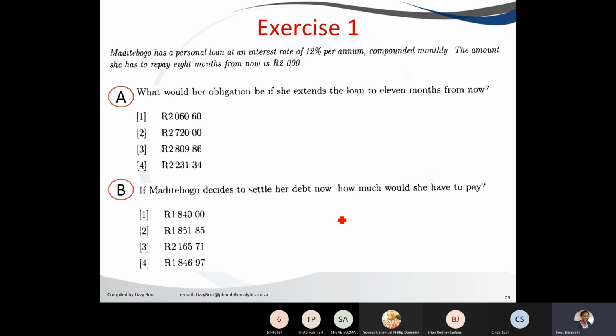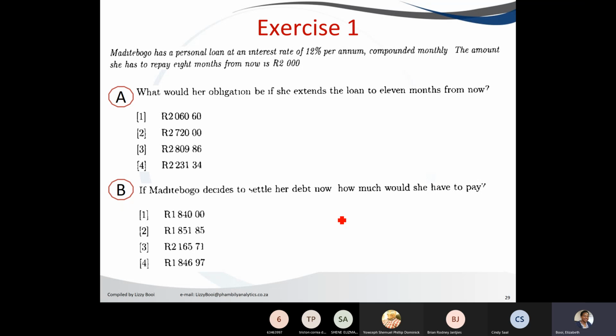Maditeboho has a personal loan with interest of 12% per annum compounded monthly. The amount she has to repay in 8 months from now is 2,000. What would be her obligation if she extends the loan to 11 months from now? You just need to make sure that you calculate the obligation for this one.